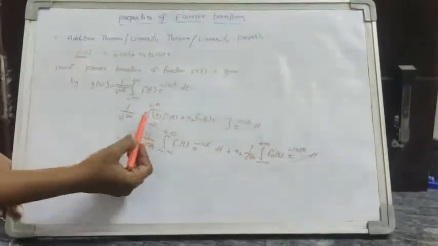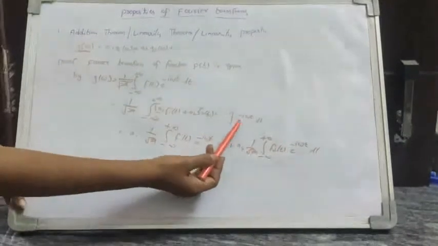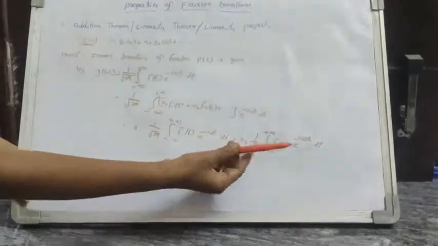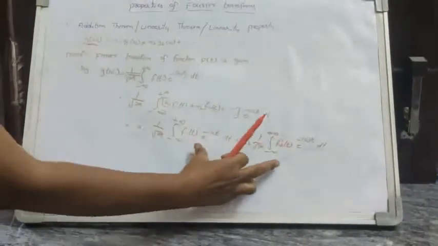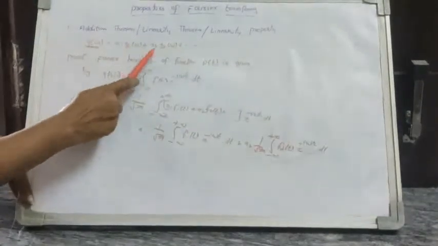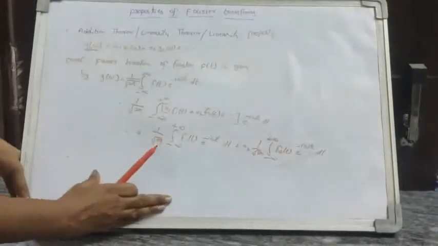As I took e power minus i omega t dt common, now I have applied it to each of these terms, and then we get this equation.